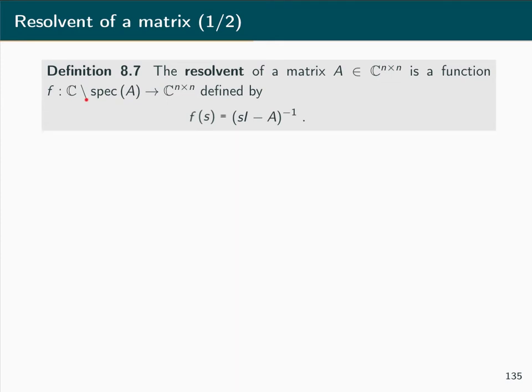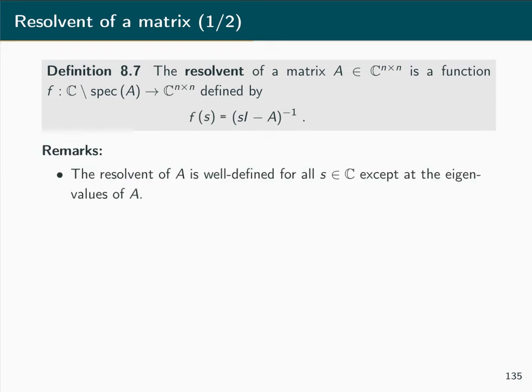Recall that this notation stands for set subtraction, so we're actually subtracting all the eigenvalues of A from the complex plane. As we shall see in just a moment, this is necessary for this inverse here to exist. In other words, this inverse exists, or the resolvent of A is well defined for all values of s in C except at the eigenvalues of A.